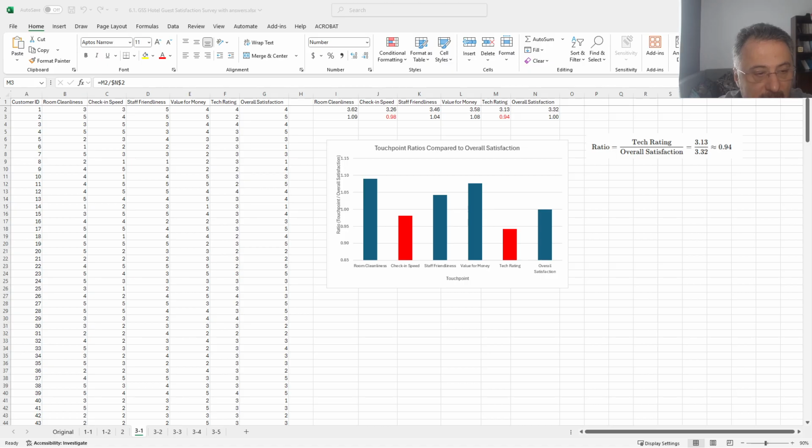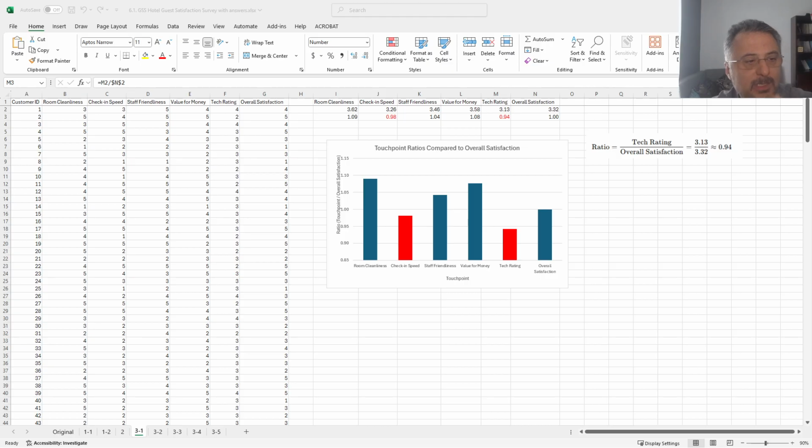If the ratio is above 1.0, which is the blue, that indicates touch points that exceed overall satisfaction levels, making them a strength, right? So compared to overall satisfaction, by the way, let's not forget, overall, if you look at this company, it is not perfect, but it is a very good company because rating scores are low.